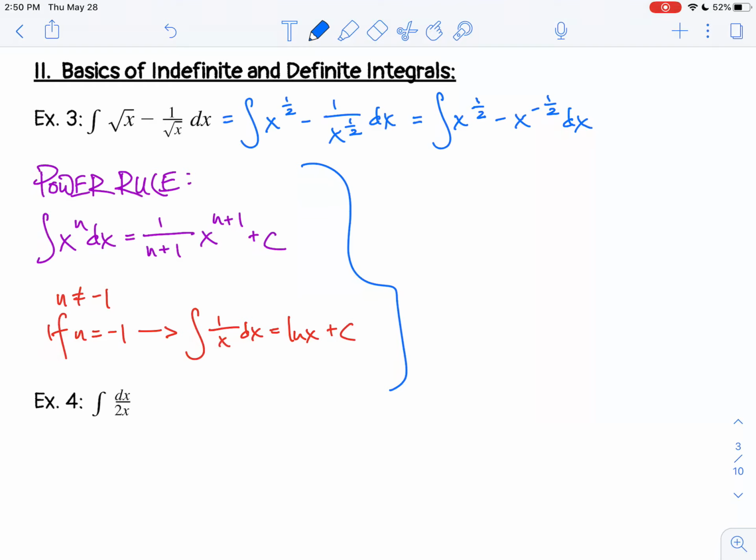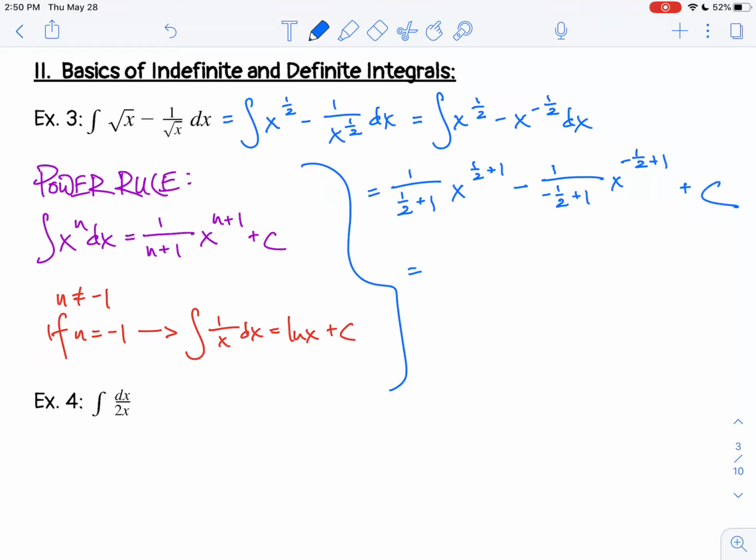If I plug in 1/2 for n, the integral of the first part will give me 1 over 1/2 plus 1, x to the 1/2 plus 1. And then the second part will be minus 1 over -1/2 plus 1, x to the -1/2 plus 1, and don't forget that plus c.